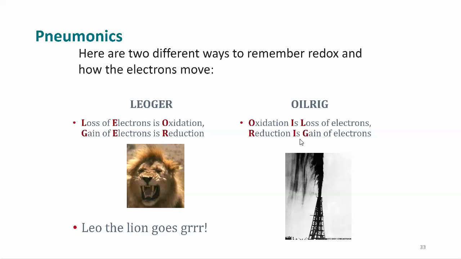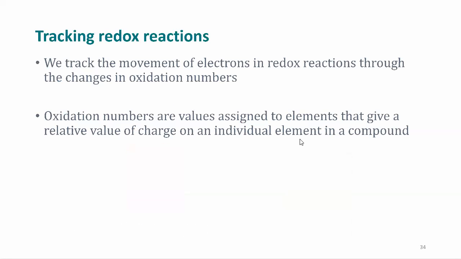They both have to occur at the same time. Now, the way that we monitor redox reactions, how we can determine that a redox reaction has occurred in the first place, is through something called an oxidation number. An oxidation number basically represents the current charge on a given element inside of a compound at any given time.